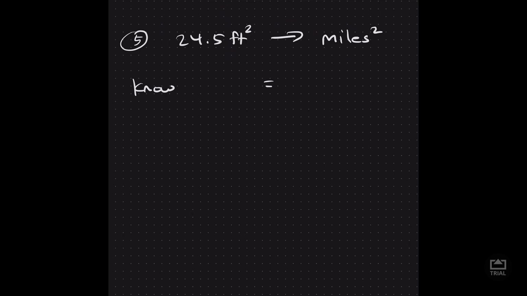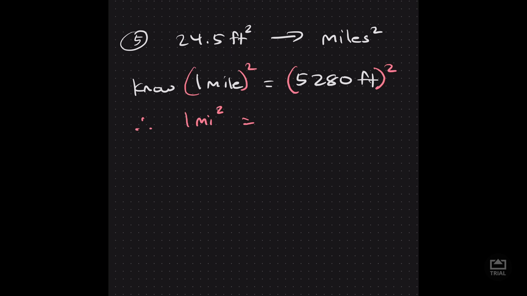Let's go 1 mile is equal to 5,280 feet. Okay, so I'm dealing with an area, so I need to square that side, and therefore 1 mile squared is equal to 2.78784 times 10 to the 7 feet squared.